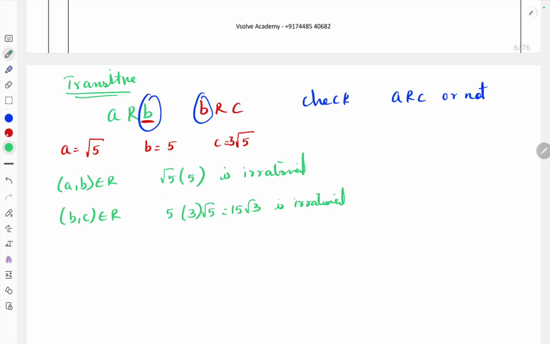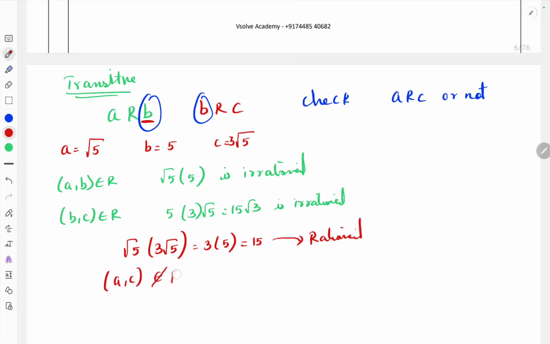Now we have to check whether A comma C belongs to the relation or not, which means root 5 into 3 root 5. We know that root 5 into root 5 is 5, so it will be 3 into 5, which is 15. 15 is rational, so A comma C does not belong to the relation.